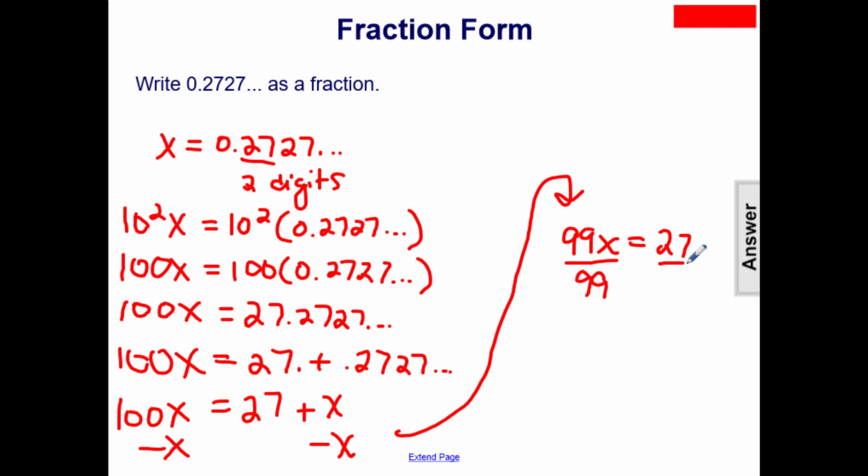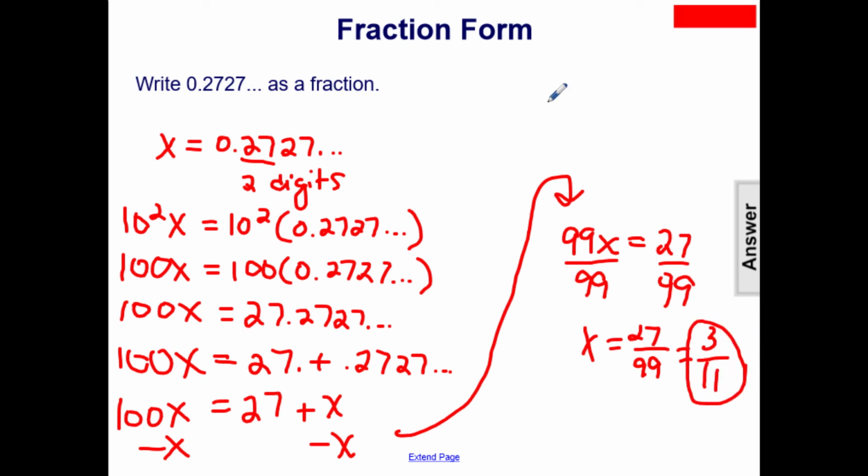Divide by 99, and we would have x equals 27 over 99, which we can reduce if we divide both by 9 to get 3 over 11. So 3 over 11 is the same as 0.27 repeating. We've now officially converted our repeating decimals into fractions using those key 7 steps.